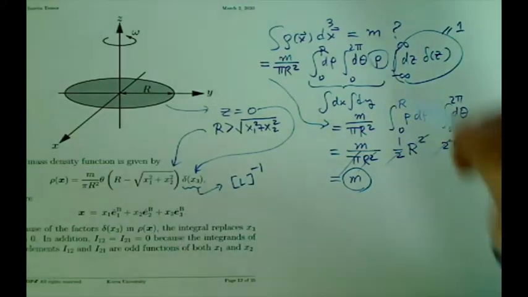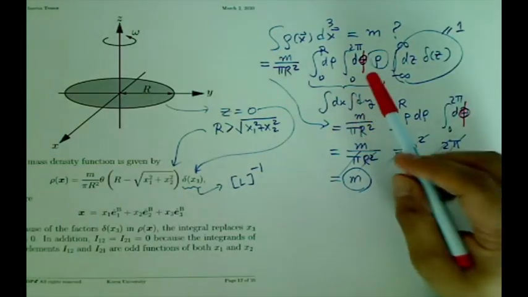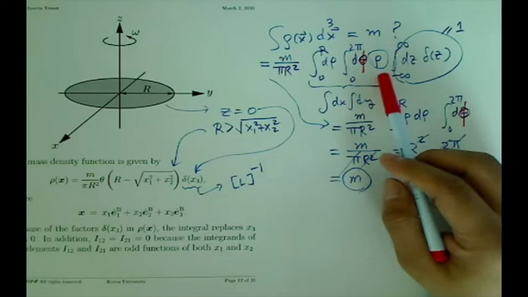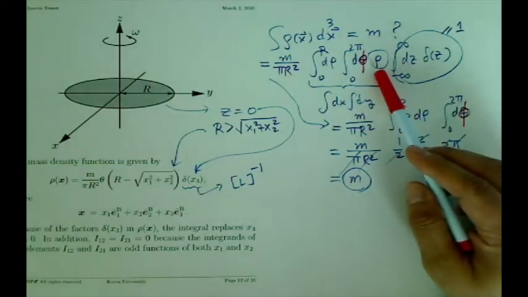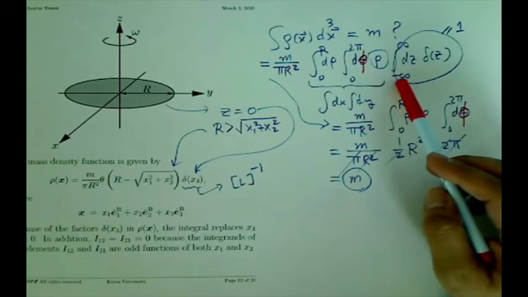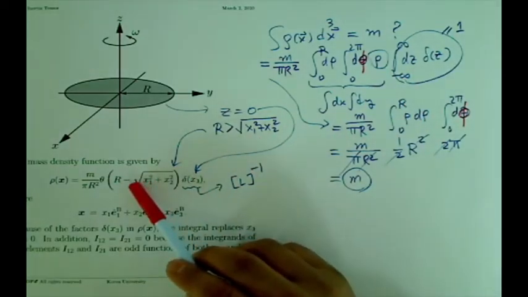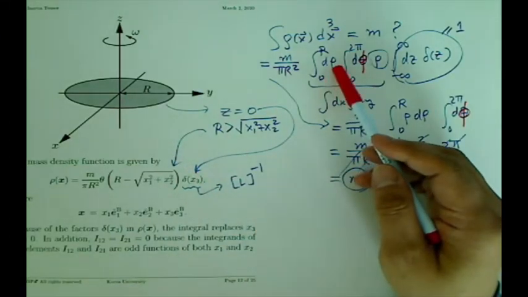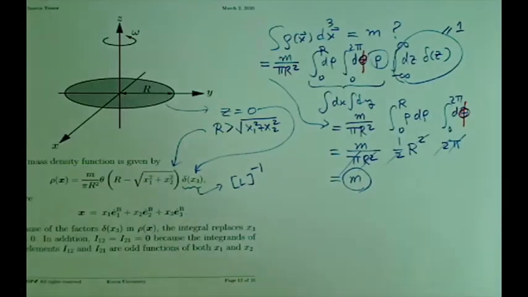Sure, in the cylindrical coordinate system, we usually write phi instead of theta. We have the scale factor and the z integral. Now the theta function is replaced with the planar radius integral 0 to r.